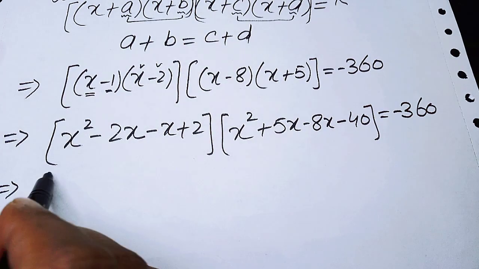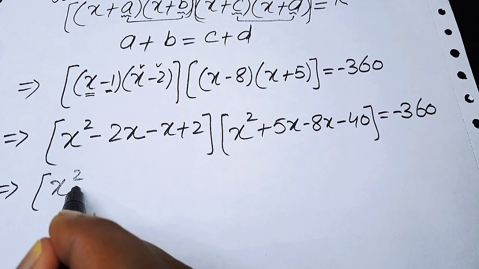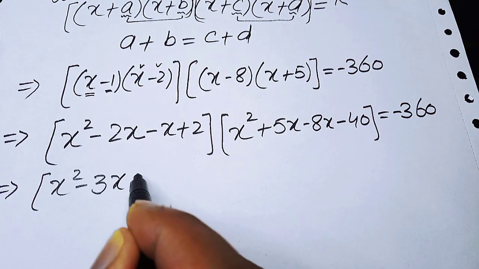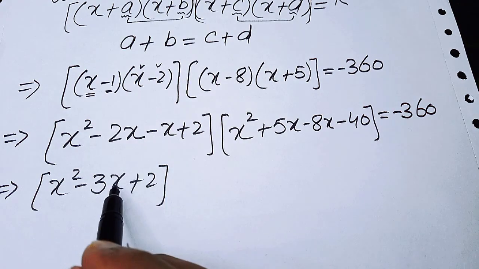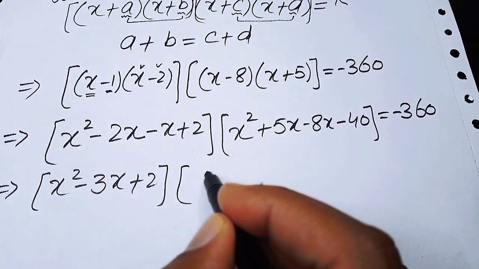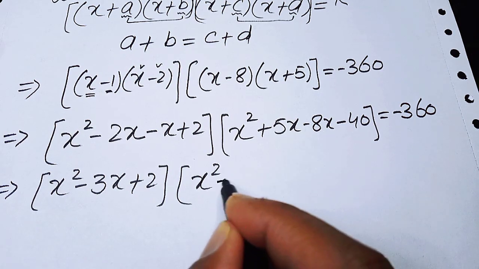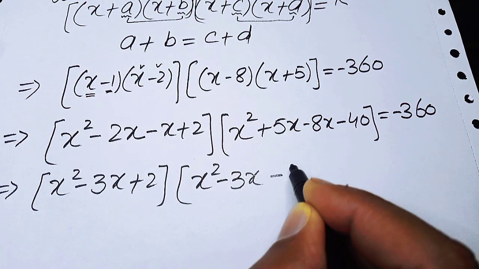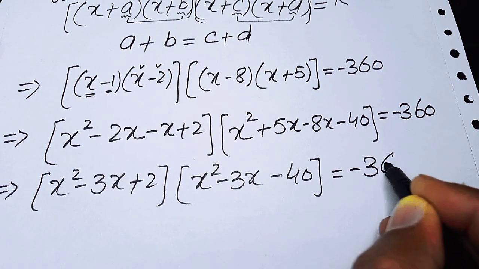Now we add like terms, so we get x² - 3x + 2. Here we have -2x and -x, so it becomes -3x, and in the other pair 5x - 8x becomes -3x, and -40 = -360.